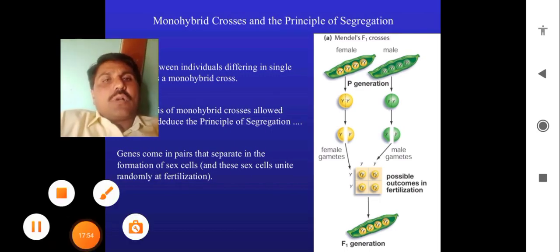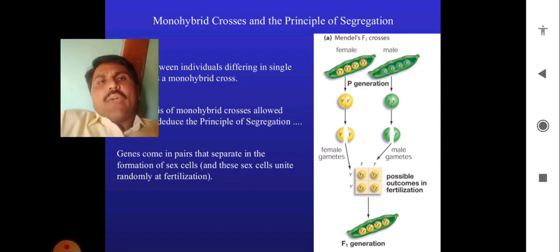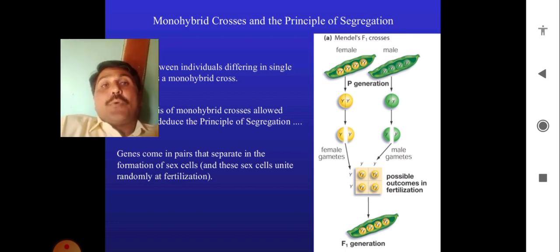Well, we'll look at this diagram. So friends, today we have learned, with the help of Mendel's experiments and the Punnett square, how he segregated the genotypes and phenotypic characters while crossing the pure parents, getting the hybrid, and self-fertilizing this hybrid, and how he got the ratio of 3:1 in the phenotype and 1:2:1 in the genotype.